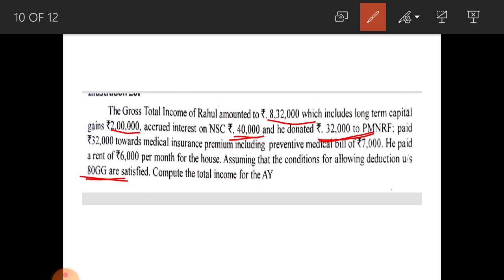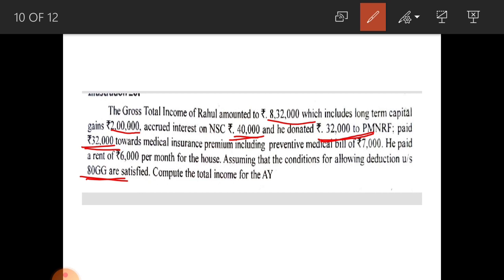Next, paid 32,000 towards medical insurance premium including preventive medical bill rupees 7,000. This 7,000 is included in 32,000, but under section 80D the maximum limit is 25,000. So, he can claim only 25,000 and not 32,000.